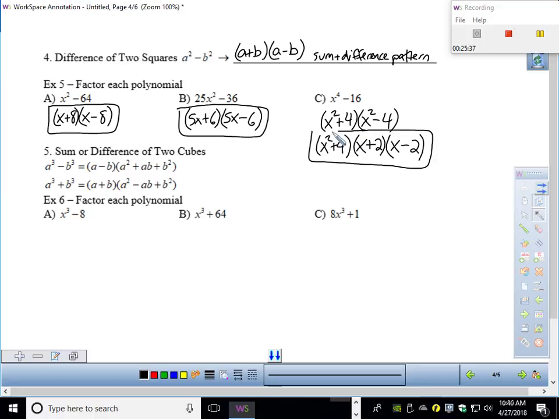And maybe at this stage you're thinking, hey, wait a minute, what about that x squared plus 4? Can that be factored? I would ask you to try to set up two binomials that can create x squared plus 4 if you were to multiply it out. And I don't think you can. And so as a result, here's what I want you to put in. I'm going to put it in up here. You put it in on your paper wherever is appropriate. There is a difference of two squares, no question about it.